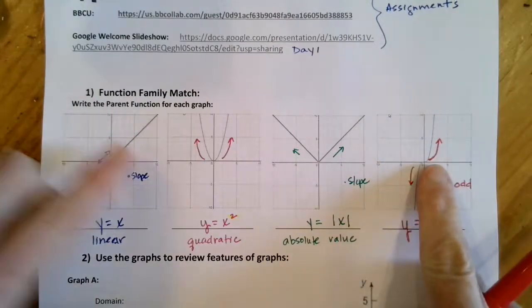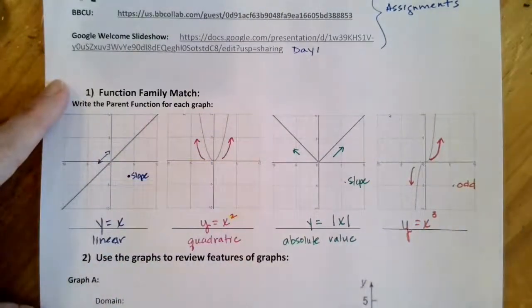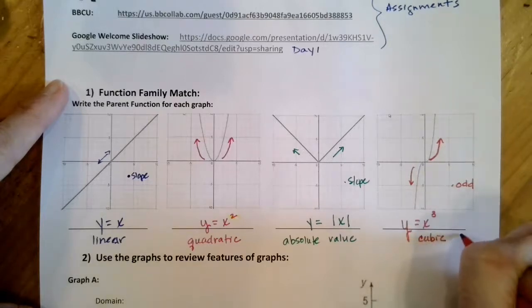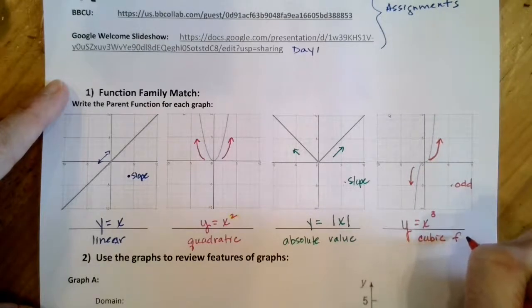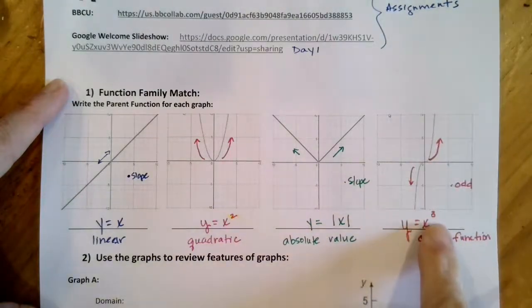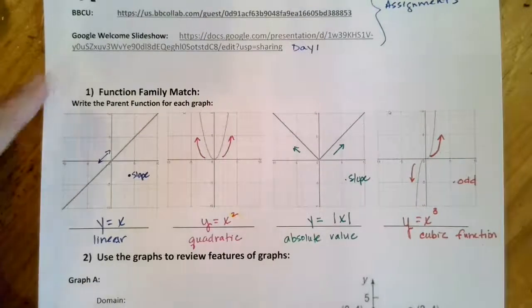And of course, you can see this curve is a lot tighter. I'm getting higher faster. This is our cubic function. When we talk about if we have an odd input value, it's going to give us an odd output value as a result.